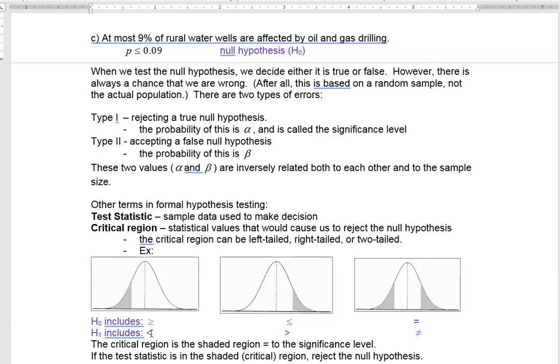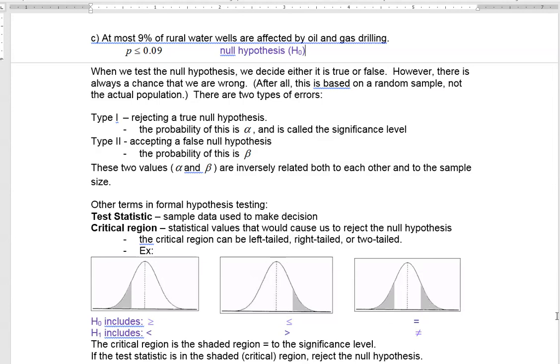But also, if our claim is less than, we're looking at a left-tailed test. Notice these two are opposites of each other, so either one of those is going to tell us left-tailed test. Likewise, if our claim is less than or equal to, or greater than, we're looking at the right-tailed test. And finally, if it's equals or does not equal, we're looking at the two-tailed test.